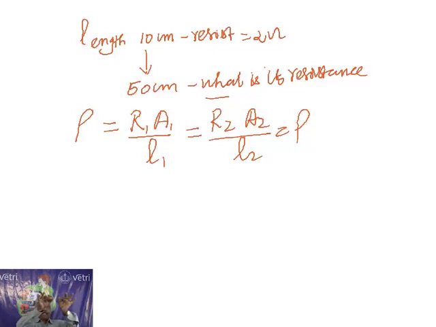If the wire is extended, the length is increased. If length increases, what about the cross-sectional area? It decreases, because the wire becomes thinner and thinner. When length increases, area decreases. So there is a change in length as well as area. If you answer 10 ohms, you are taking only the length and forgetting the change in area.